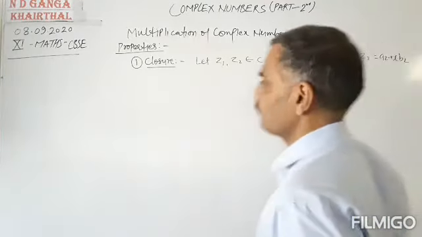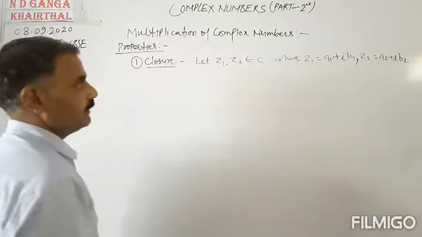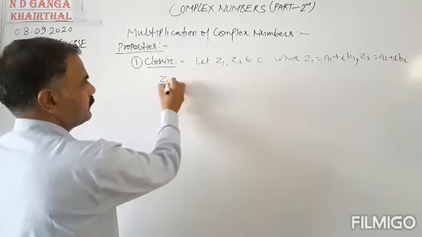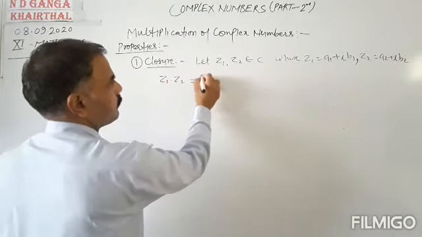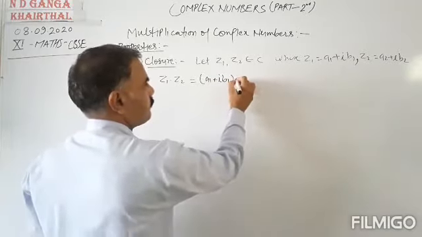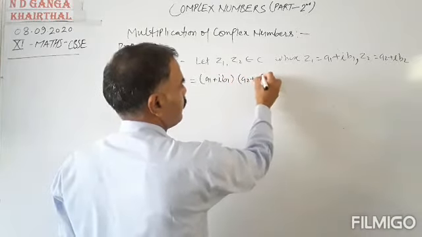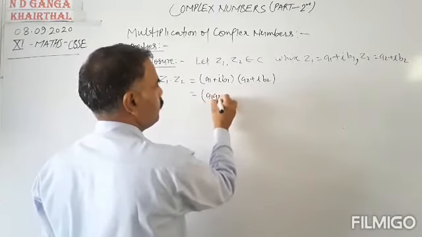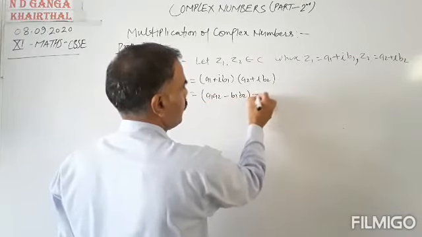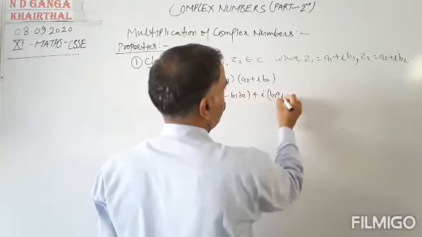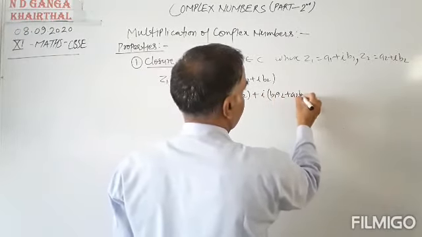So these are two complex numbers, Z1 and Z2. Now we are discussing the closure property, that is Z1 into Z2 is equal to A1 plus iota B1 multiplied by A2 plus iota B2, and we have already discussed that this is equal to A1 A2 minus B1 B2 plus iota times A1 B2 plus A2 B1.